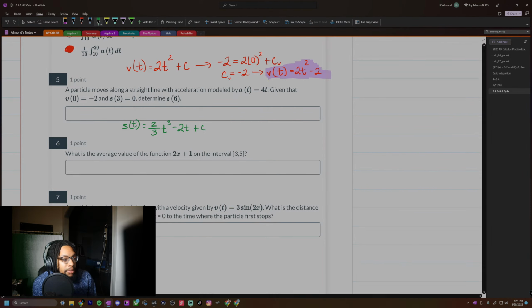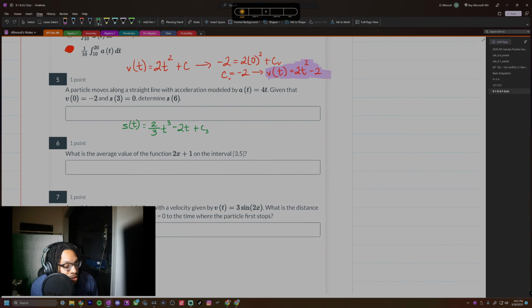We do want to make that little distinction. Okay, that's an S, not a 5. So they tell us that my position is 0 whenever t is 3. So I'm going to go 2/3 times 3 cubed minus 2 times 3 plus c sub S.